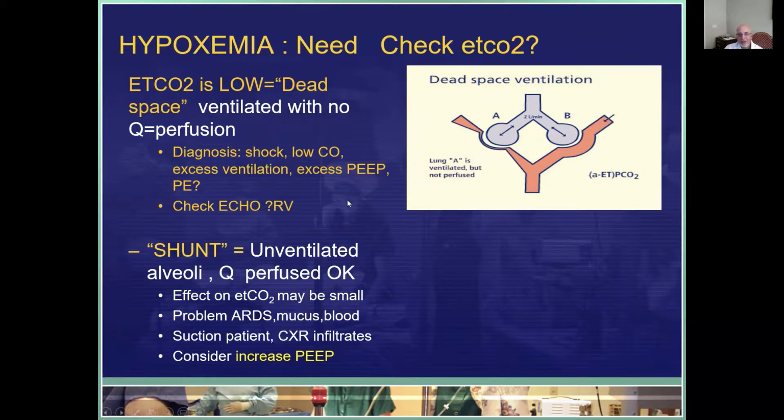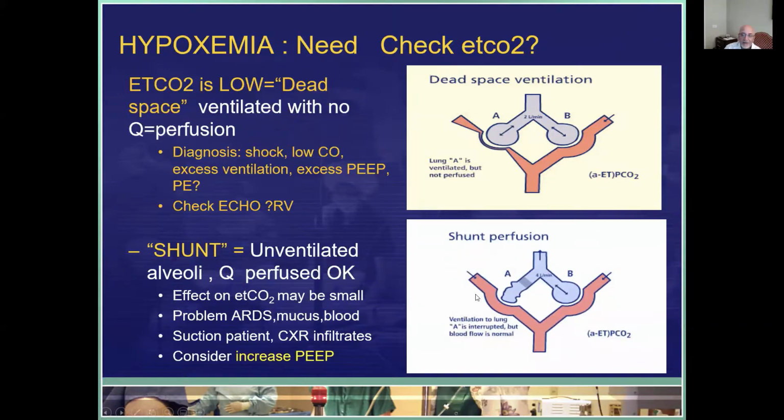The diagnosis really here, when there's a big difference between the PCO2 and the end-tidal CO2, is that you have either hypovolemia, low cardiac output, excessive ventilation, excessive tidal volume, possibly excessive PEEP, and possibly a pulmonary embolism as being examples, and checking an echocardiogram to assess the right ventricular function, as well as looking at your ventilator settings may be very useful.